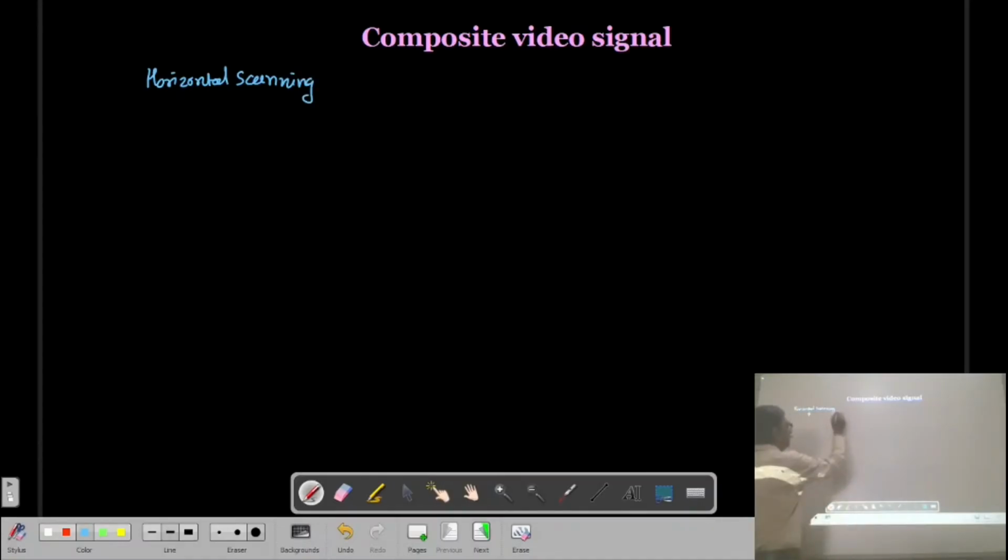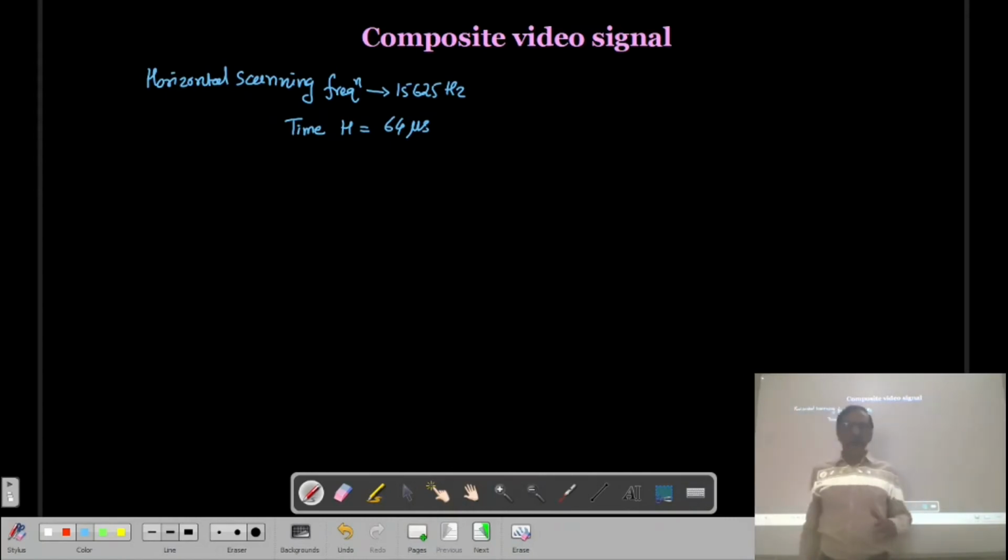then what is the frequency? The frequency is 15,625 hertz, or you can say the horizontal scanning time, that is represented as H, and it is 64 microseconds.